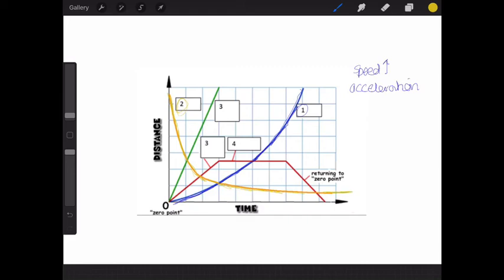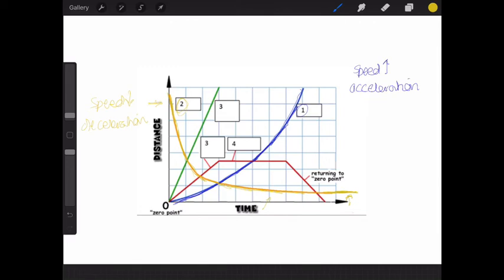So, steep gradient at the start here, much shallower to a point at which the distance is not changing in time. This was going fast, getting slower and slower and slower. This is the speed decreasing, what we call a deceleration. Excuse my scribble on the screen.